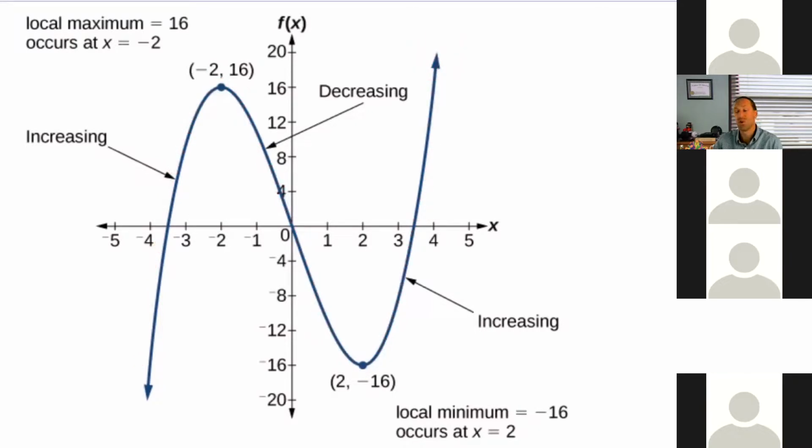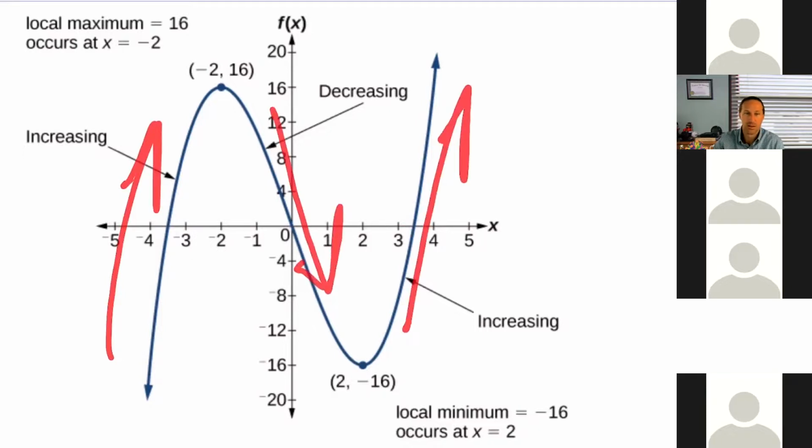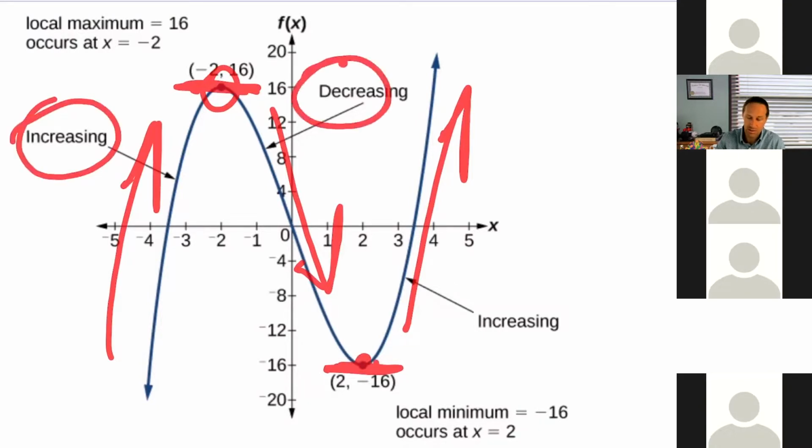So again, you don't get to choose how you read this. We're always going to read from left to right. Okay, increasing, decreasing, increasing. But notice there's a key point, a critical point in both of those places where it changes from increasing to decreasing or decreasing to increasing again.